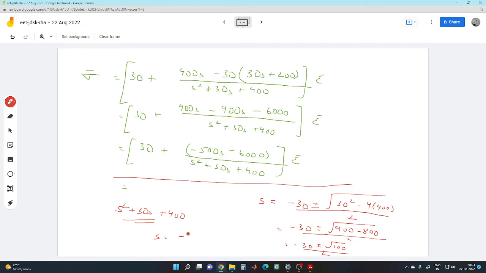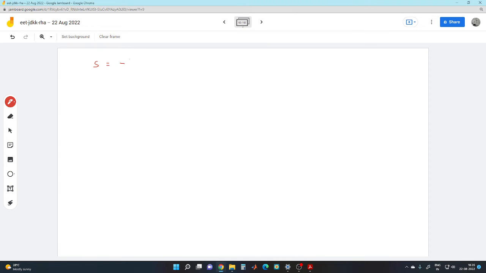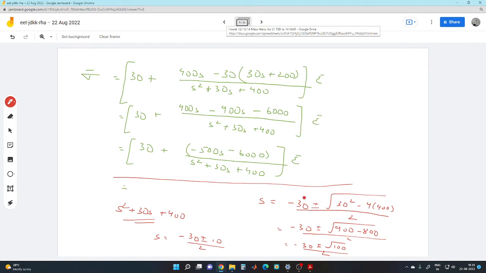So s becomes minus 30 plus minus 10 by 2. So here we can write, we'll write on the next page, s is equal to minus 40 by 2 and minus 20 by 2. So this s square plus 30s plus 400 can be expressed as S plus 10, S plus 20. We could have done it directly, but just for direct approach, we use this formula directly.